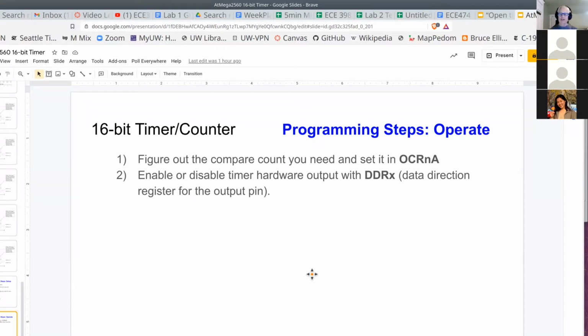Did that generate a question? No, I just wanted to write some of it down. Oh, okay. All right. And I will post these slides definitely as a PDF.